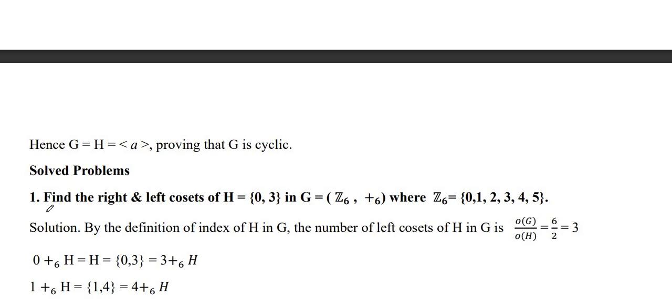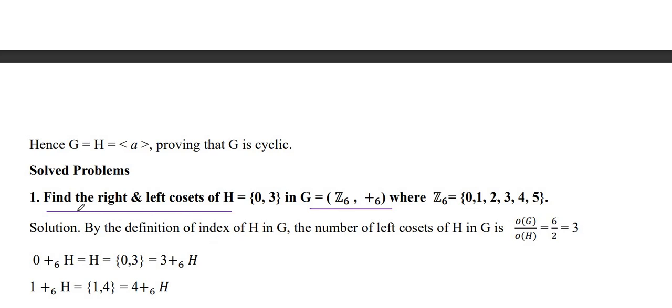Now in this solved problem, we are going to obtain the right and left cosets of H in this. Actually this G is an abelian group, so finding either the left or right cosets is enough. That will give the required answer. We know already that Z6 consists of these congruence classes modulo 6, consisting of 6 elements.